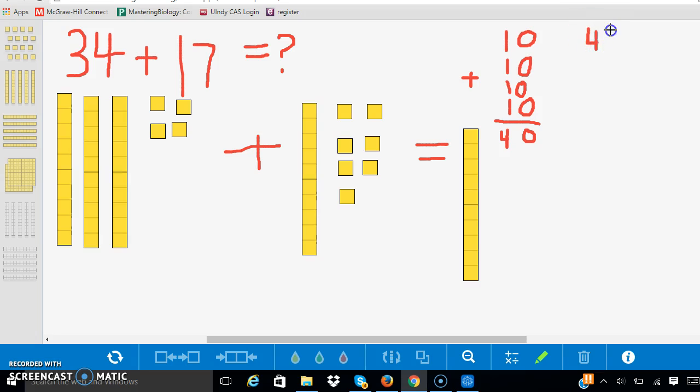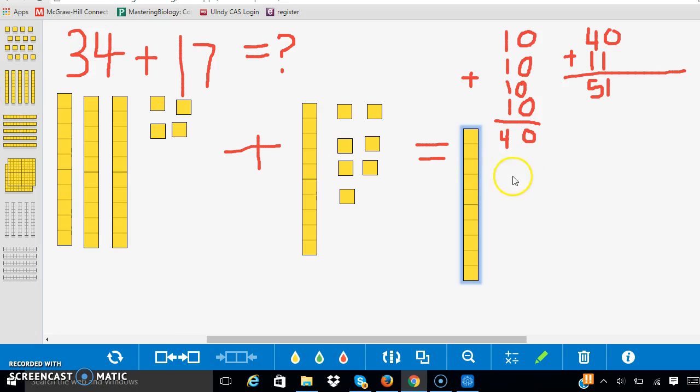So that would be 51, because 10 of these unit pieces equals one rod. So this is from the unit pieces that we have. And then we're going to have to bring over the other 4. So this is 1, this will be 2, 3, 4.